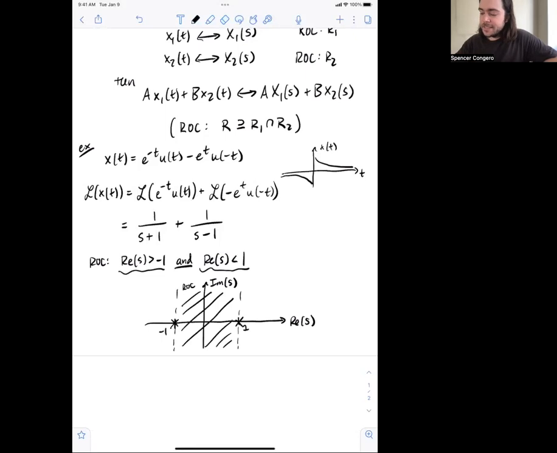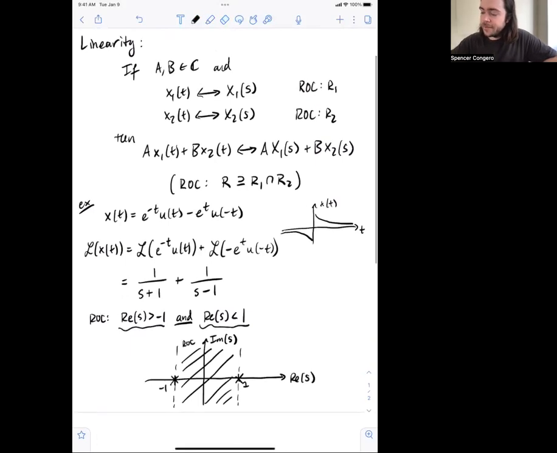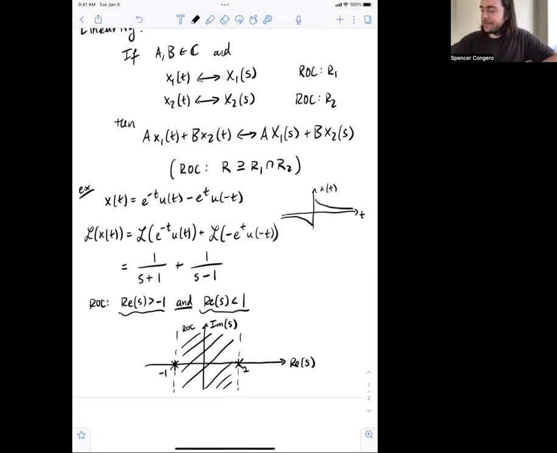So this is a case where the new ROC contains the intersection, actually happens to equal the intersection. In particular cases like this, we can go through the logic and still find the ROC when we have a function that is some linear combination of other functions that we know the Laplace transform of. It just turns out this is all you can say in general. But anyway, that's an example of using linearity.